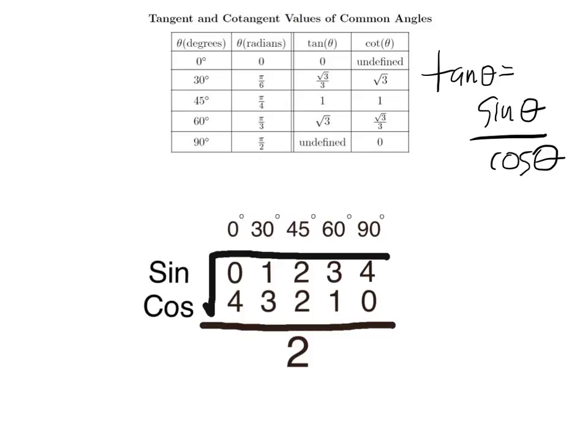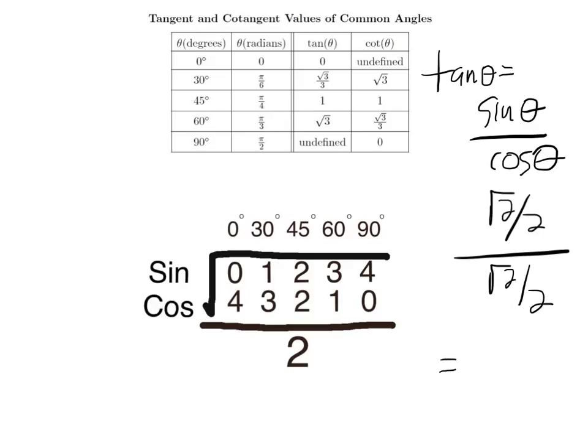So we take the sine value of 45 degrees, which is square root of 2 over 2, divided by the cosine value of 45 degrees, which is square root of 2 over 2 as well.